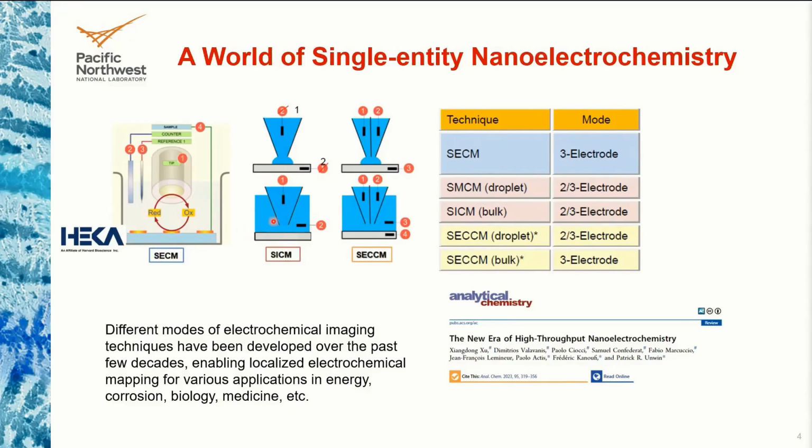So there are other techniques developed after the SECM that improved upon it, such as SICM, wherein it uses a similar concept, but instead of using a microelectrode, we use a finely pulled capillary that forms a droplet or meniscus, something that looks like this, and lands on the surface.